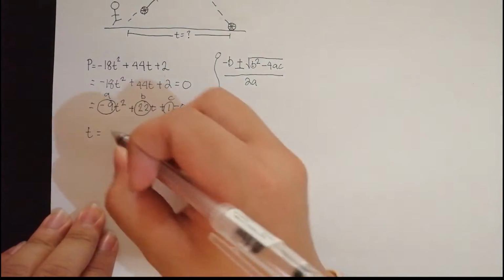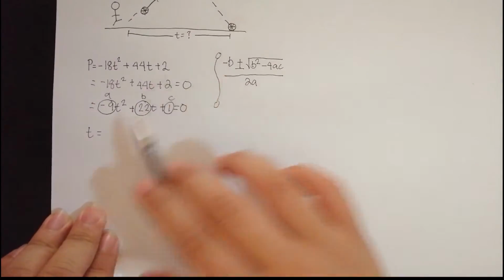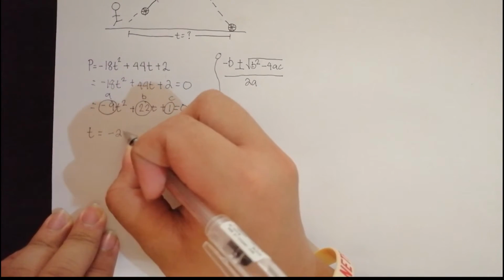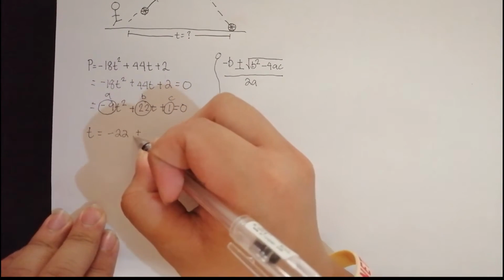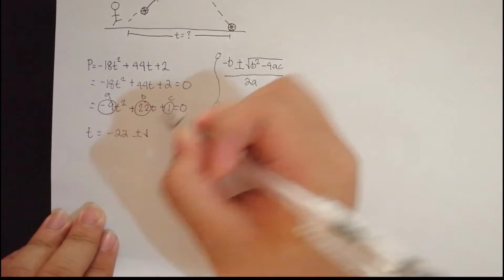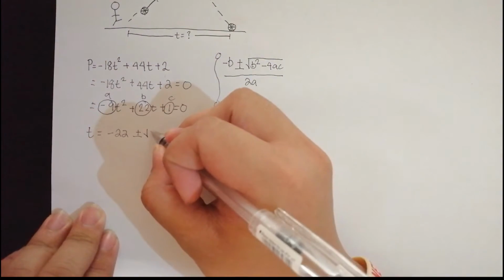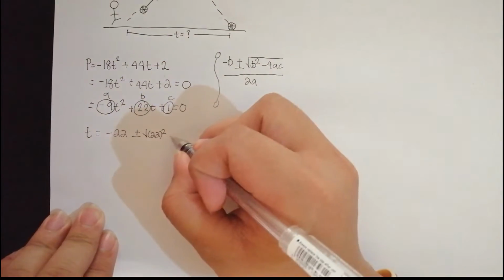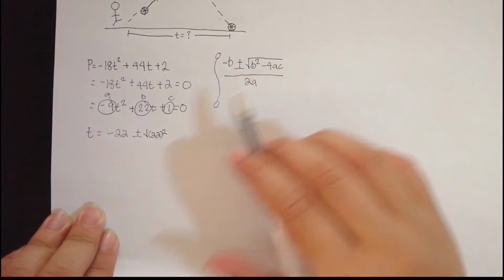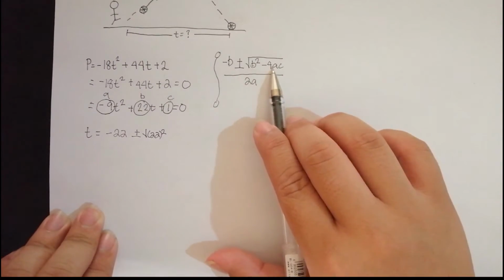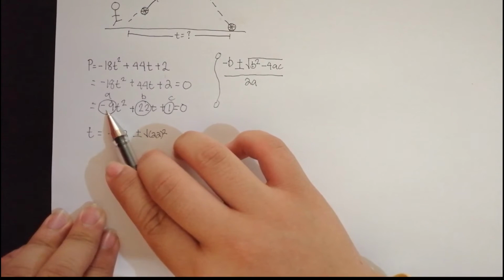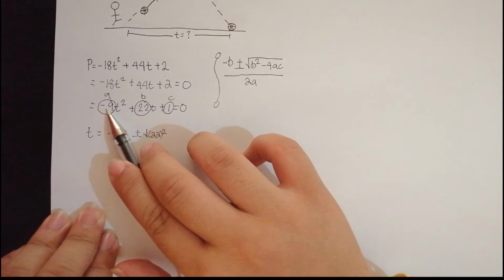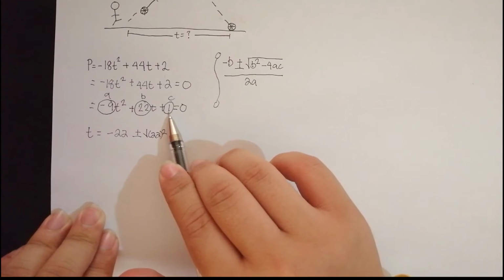So now negative b, so we will have negative 22 plus or minus the square root of b squared, which will be 22 squared, minus 4ac. So that will be 4 times negative 9 times 1. So we all know negative 9 times 1 is equal to negative 9.